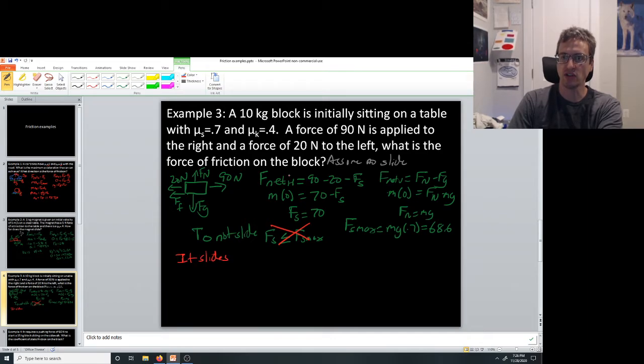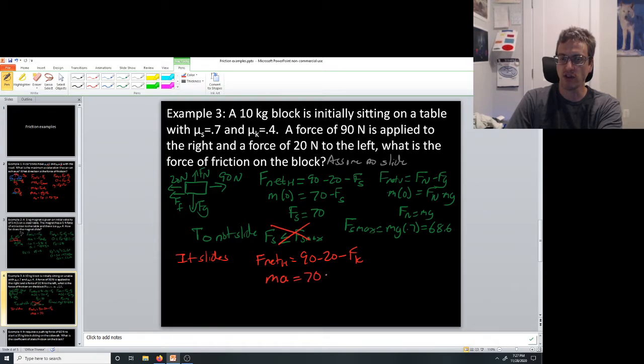So now I need to do this whole thing over again, sort of, except with kinetic friction. But it's pretty close, right? This is F net horizontal. Now it's 90 minus 20 minus kinetic friction. And this whole vertical situation is exactly the same. And we know that now it's sliding, so acceleration's unknown.